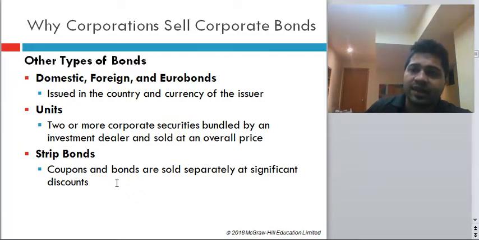For example, I'm Canadian, and I'm buying an American bond that pays in American dollars. Now I'm exposed to the investment risk that the bond has, the performance of the company whose bond I'm buying. Also, I'm concerned about the exchange rate.